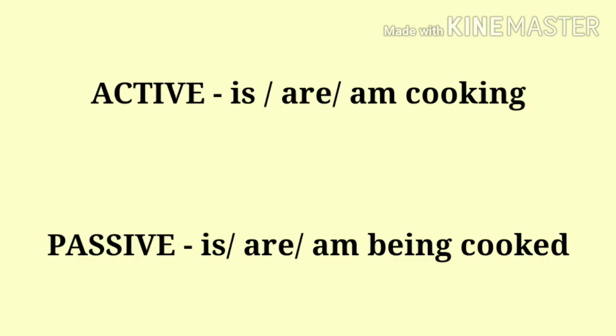If in active voice the verb is is or are or am plus its ing form of the verb, here it is cooking, it will change into is or are or am being plus the past participle form of the verb. Here it is cooked. So is or are or am cooking changes into is or are or am being cooked.